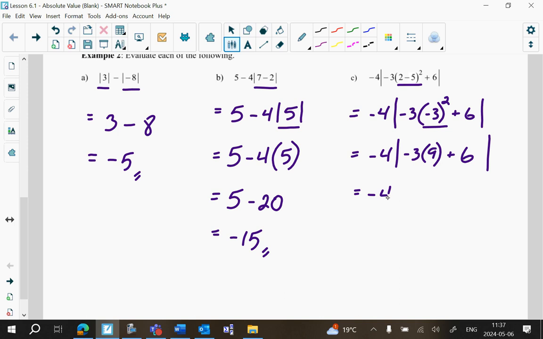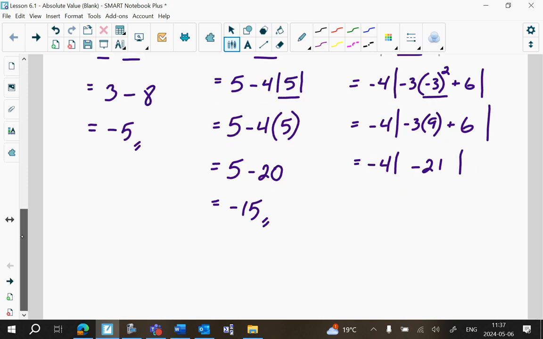Negative 3 times 9 plus 6, negative 21. Remember, we haven't absolute valued it yet. When I do take the absolute value, I have to put it in parentheses because it is being multiplied by the negative 4. So we get a final answer of negative 84.